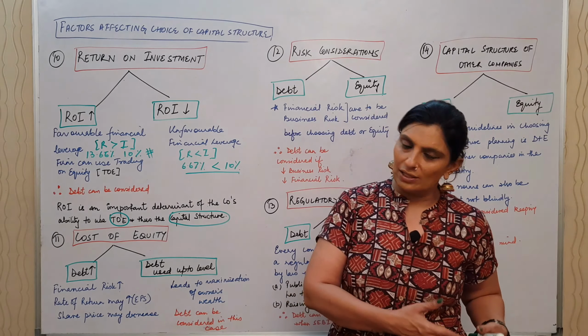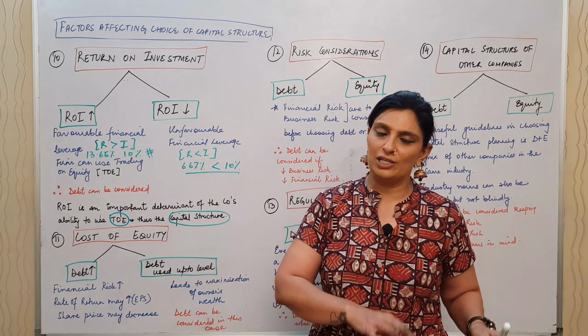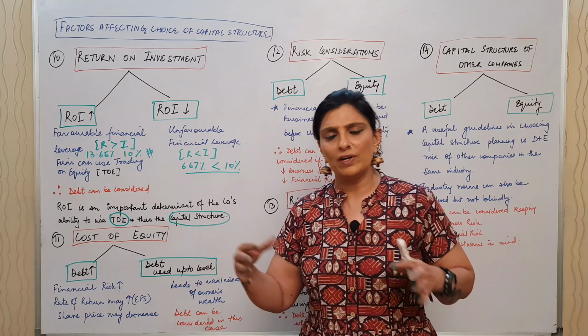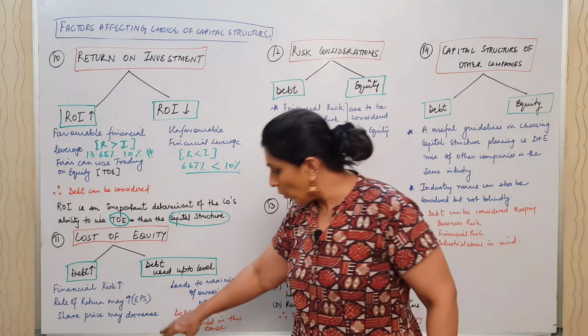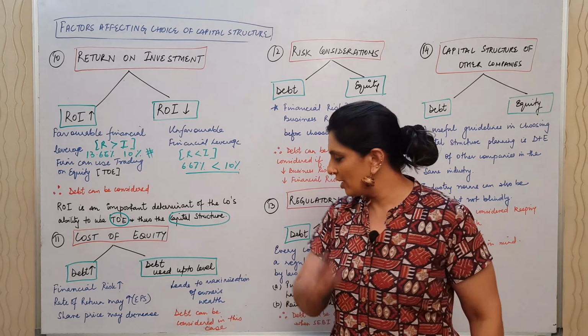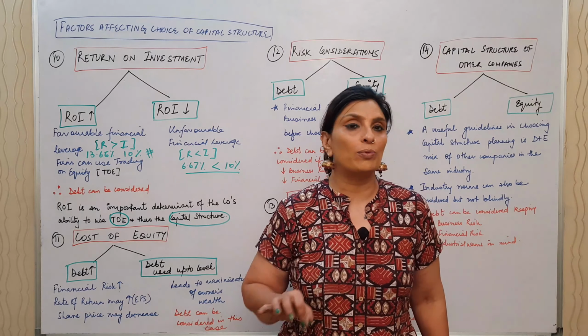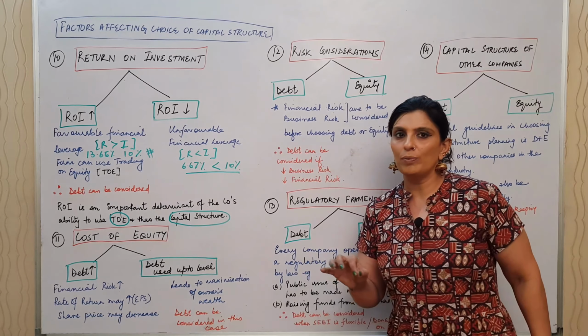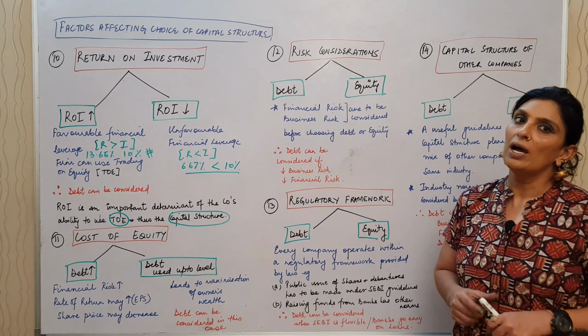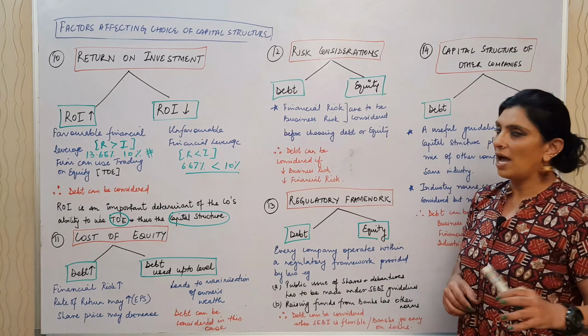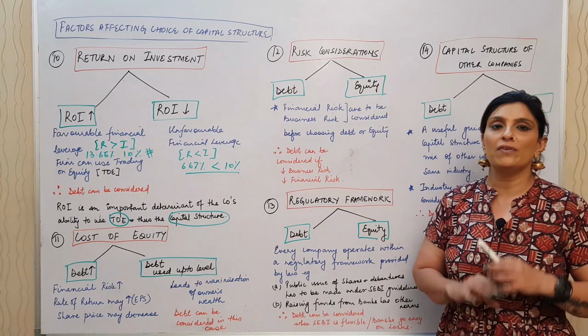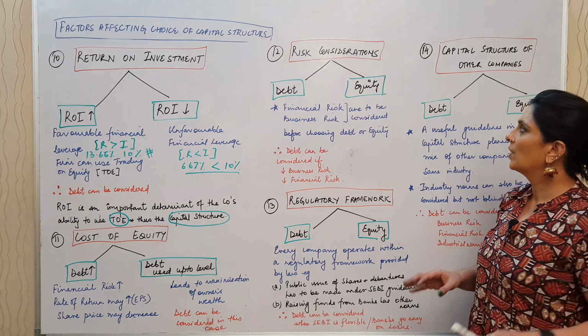Then the rate of return is increasing, and it leads to an increase of earning per share. Along with that, the share price does not decrease. So debt can only be considered when it is used up to a level. Beyond that, debt cannot be used. Excessive use of debt leads to financial risks, and financial risk is not a very good idea for any kind of business firm.